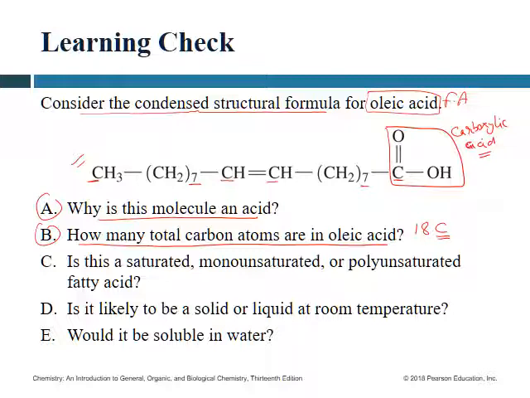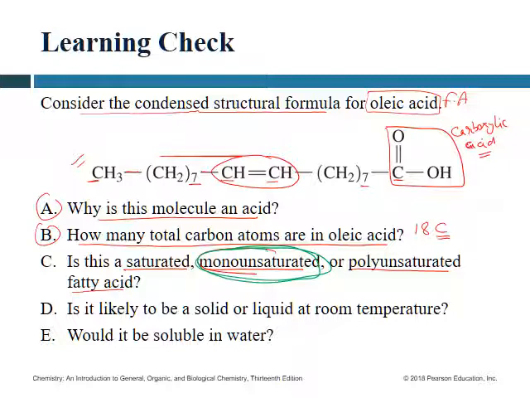Is this a saturated, monounsaturated, or polyunsaturated fatty acid? So how are we going to see? If we look over here, all are single bonds except this one. You have just one double bond in there, and after that you have only single bonds. So that means this is a monounsaturated fatty acid. So this is the right answer for this problem.